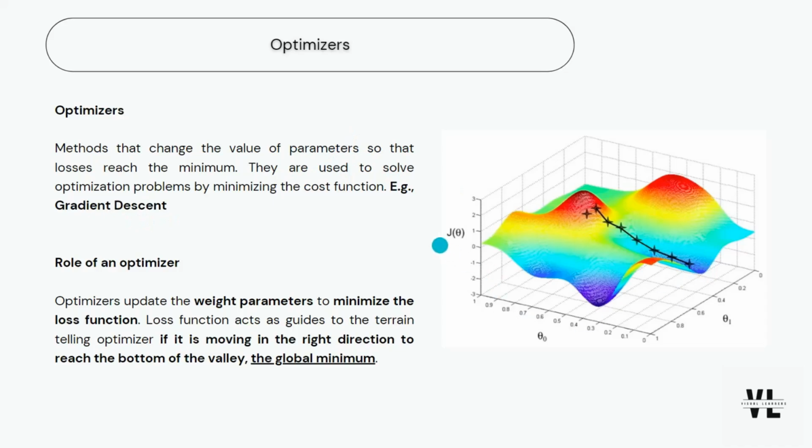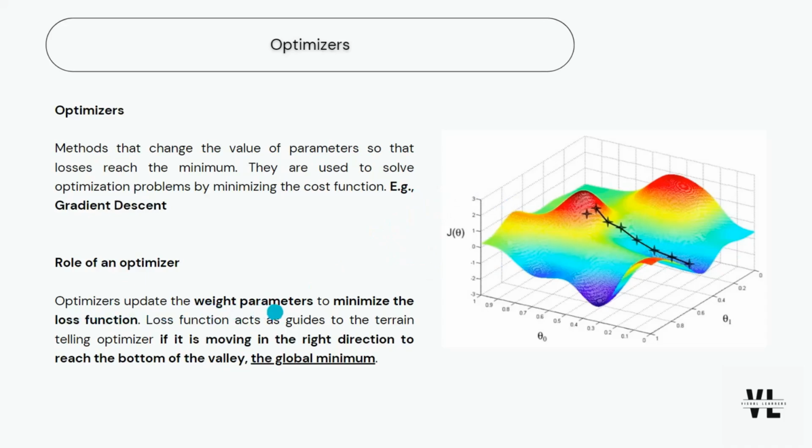If we consider J of theta to be a loss function, and theta 0 and theta 1 are parameters, then this is a convex function, and the role of an optimizer is to minimize the loss so that we could find the minimum point for our cost function.